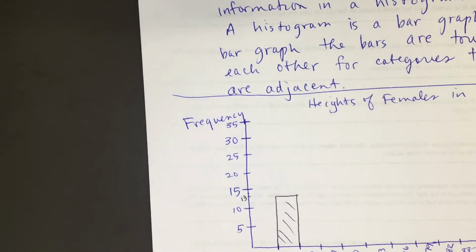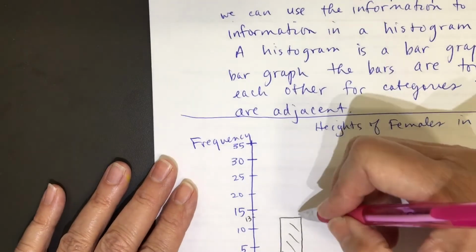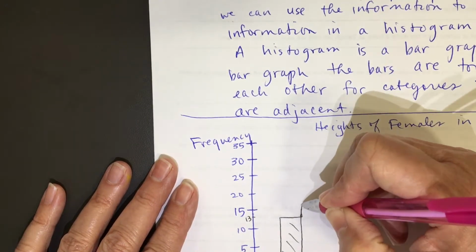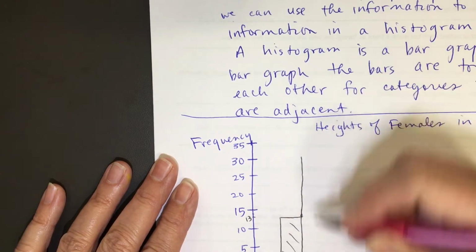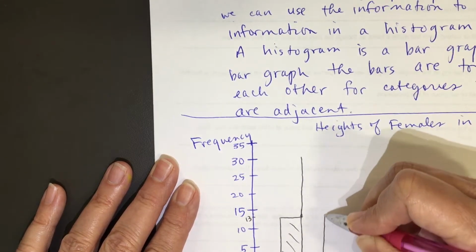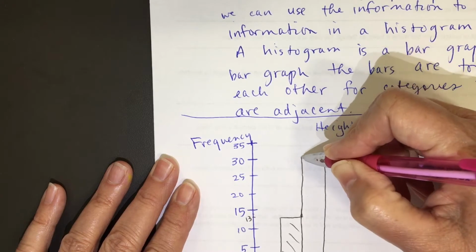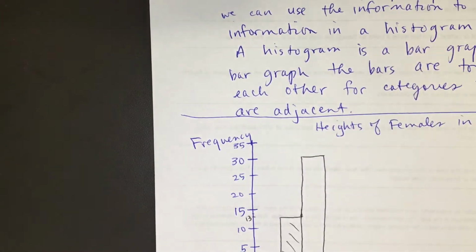Sometimes they'll use different colors for adjacent bars. 62 to 64, there were 30. This bar will be right up against the previous one. I'll grab a different color.